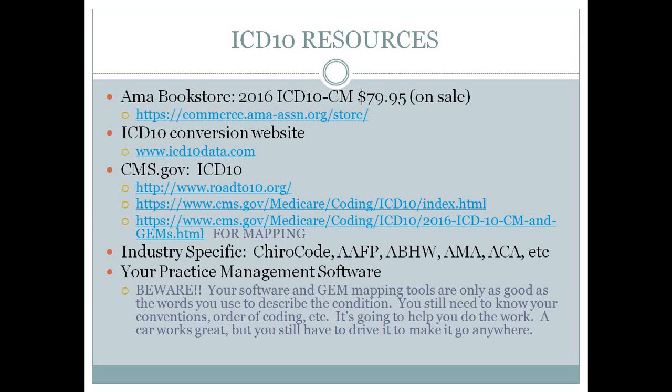You may want to look at that one. American Academy of Family Practice, American Behavioral Health and Wellness Association, the AMA, the American Chiropractic Association. There are a lot of really good resources for helping you map out and convert your ICD-9 to ICD-10 codes. Use whatever you're the most comfortable with, okay?